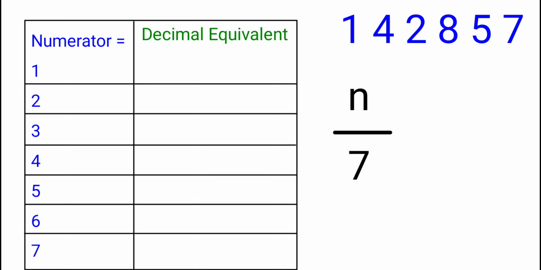On the left side, I've got my numbers for a possible numerator in ascending order from 1 through 7. So what we're going to do is start with the 1, then go to the 2, and then go to the 4, going in order down here like this.